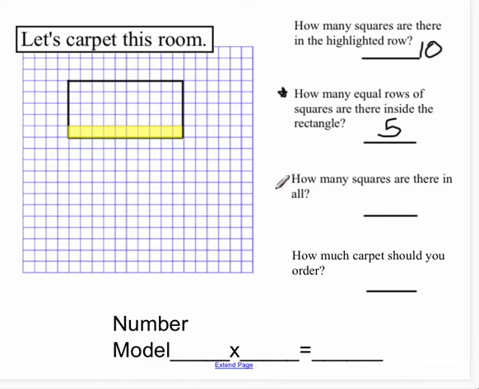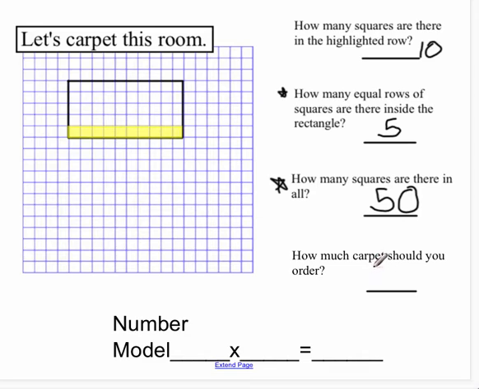So then we come to the next question. How many squares are there in all? Well, if there are 10 squares in a row and there are 5 of them, I can count by tens 5 times. 10, 20, 30, 40, and 50. This is using multiplication. So there are 50 squares in all.